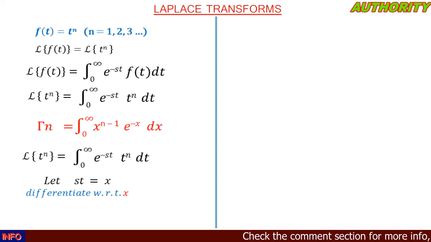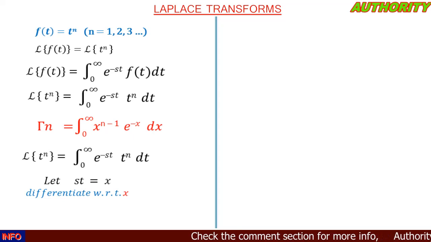Okay, good. Now, let's do them separately. We differentiate with respect to t and we differentiate with respect to x. Now, differentiating with respect to x. First, what do we do? When you differentiate st with respect to x, remember s is a constant and t is a variable.